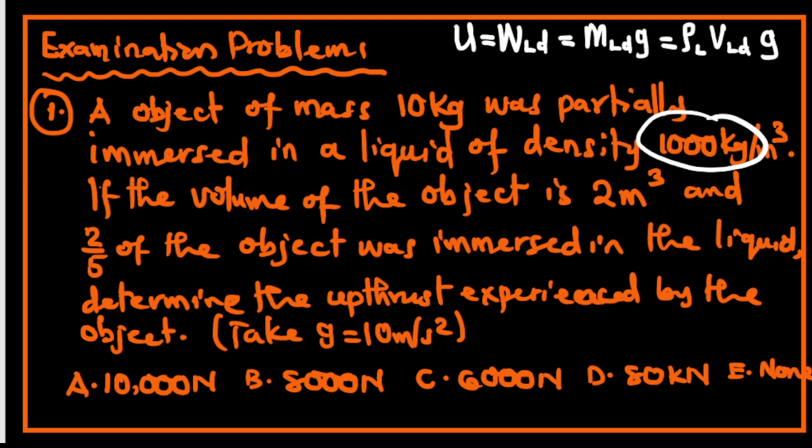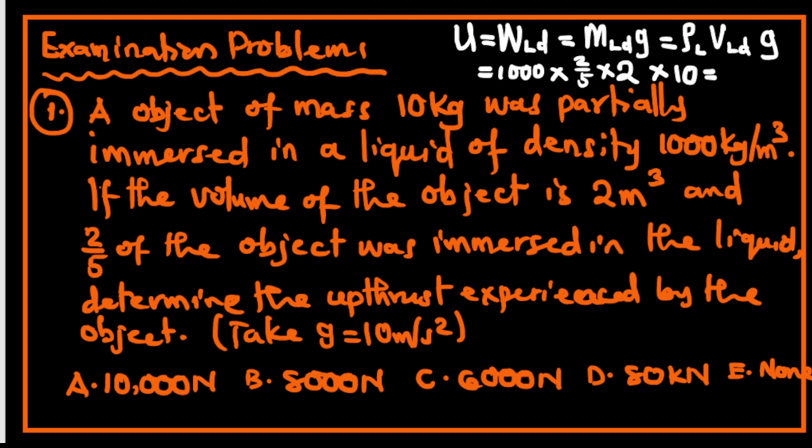So in that case, we can say density of the liquid, which is 1000, times volume of the liquid displaced, which is 2/5 times 2, then times 10.